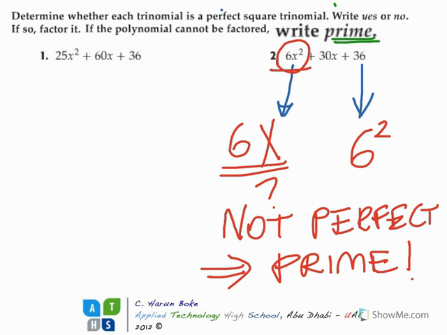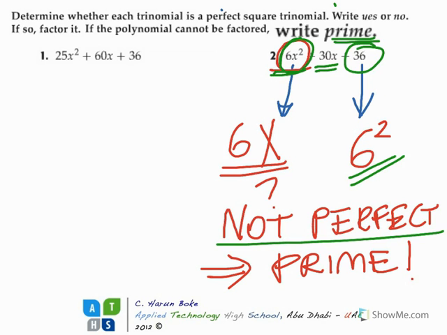So if we repeat, here this number is a perfect square number, but here 6 is not a perfect square number, so 6x squared cannot be expressed as some expression squared. So I'm not going to check this because this fails to satisfy the property. So we say it's not a perfect square trinomial, or we say it's a prime polynomial which we cannot factor.